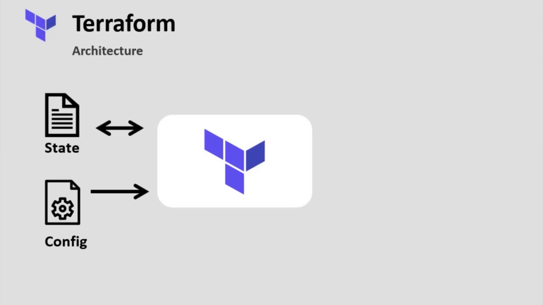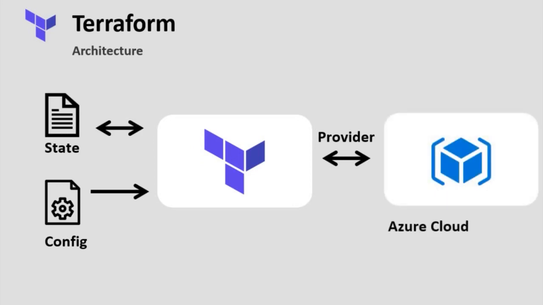This state file has all the information of the resources which will be deployed or are already deployed. The state file also holds the information which is written in the configuration file. Through the provider, this state file will be deployed on the cloud provider. In this example, we will use Azure Cloud, and through the Azure provider, we can deploy the resources on Azure Cloud.